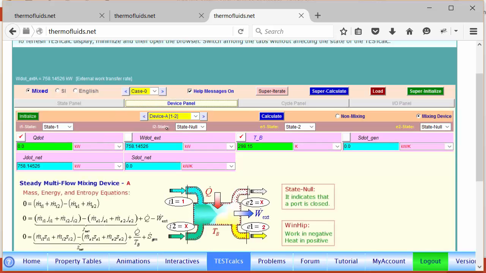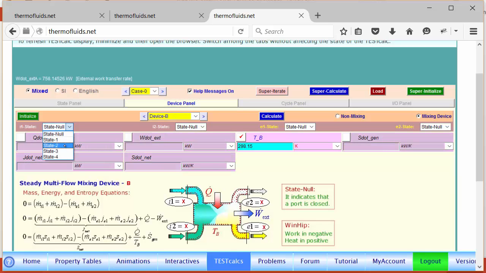We have already finished turbine, device A. Let's switch to device B, which takes us from state 2, the condenser inlet, to the condenser exit state. In a condenser, there is no external work transfer. So we found Q dot, and that matches what we found manually.